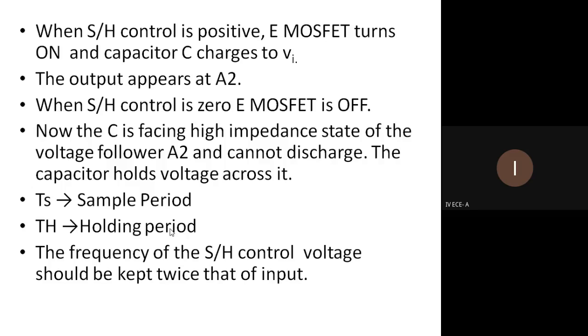Ts means the duration for which we are taking the samples. Th is the time for which we hold the value, meaning the capacitor charging time. The frequency of the S/H control voltage should be kept at least twice that of the input signal. This is a main condition.